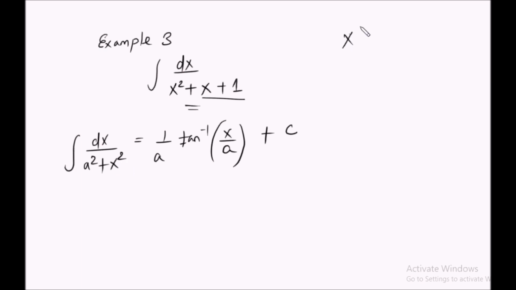So this one is x squared plus x plus 1. Okay, so this is a quadratic. In order to have a perfect square, b squared should be equal to 4ac. So our b is 1 and our a is 1.